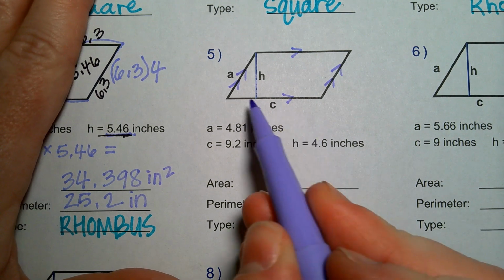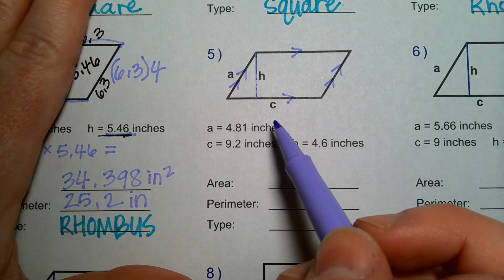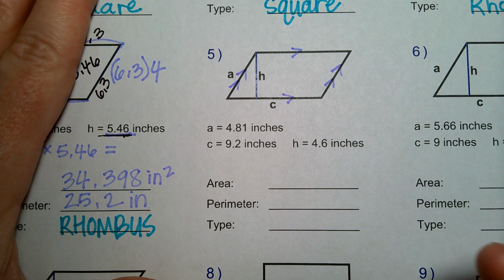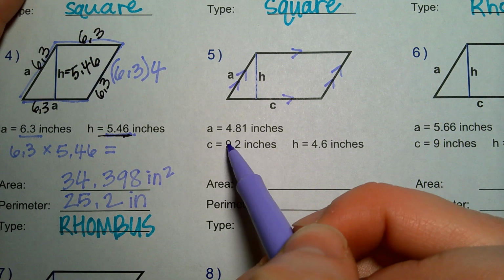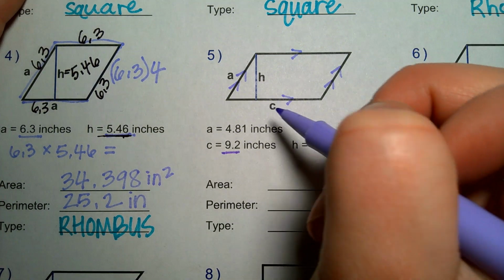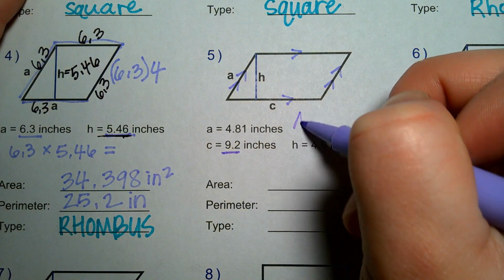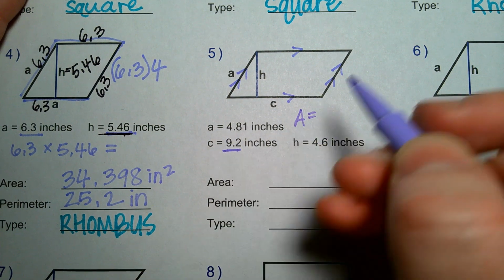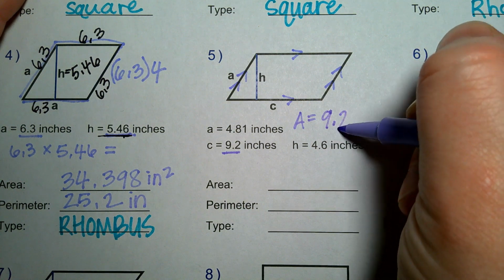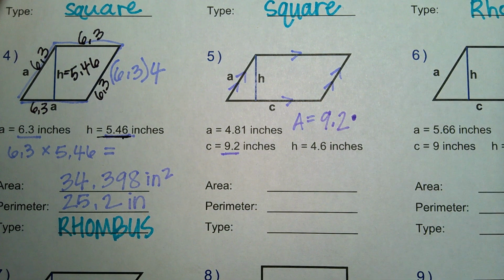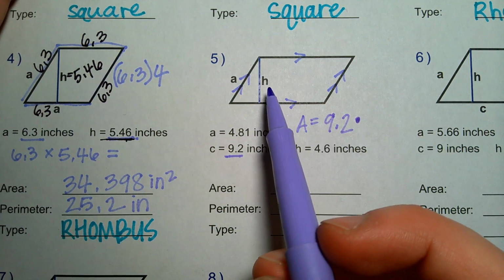So in this parallelogram, which letter represents the base? The base is C, right? C, which is 9.2. That's our base. So area equals base times height, so I'm going to take my base, 9.2, times, what's my height? 4.6.